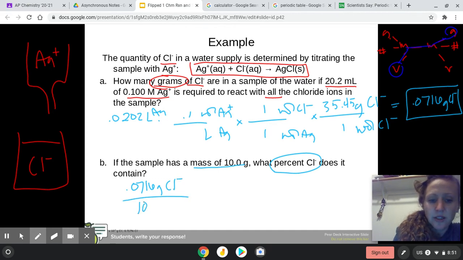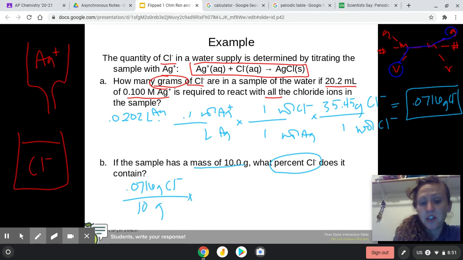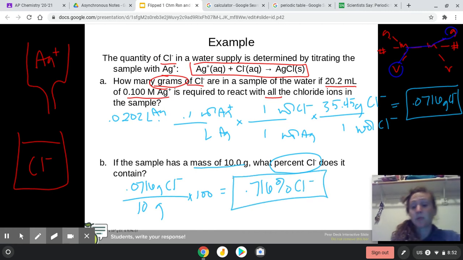Our whole is 10 grams, so not much. So divided by 10 times 100. 0.716%. Sample is 0.716% chloride ion.